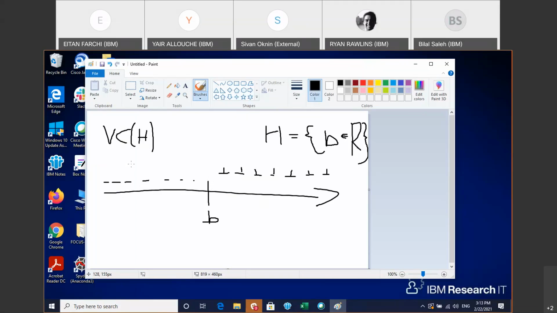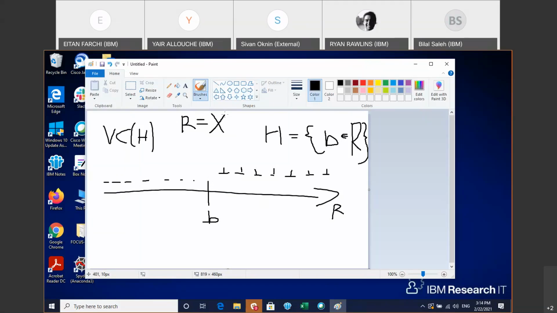So I need to define what a VC dimension is, and I'll do it in stages. First I'll explain a term that is called a shattering set. So what is a shattering set? A shattering set is a set of points, in this case in R. In our setting here, R is the set of points from which we get the data samples.